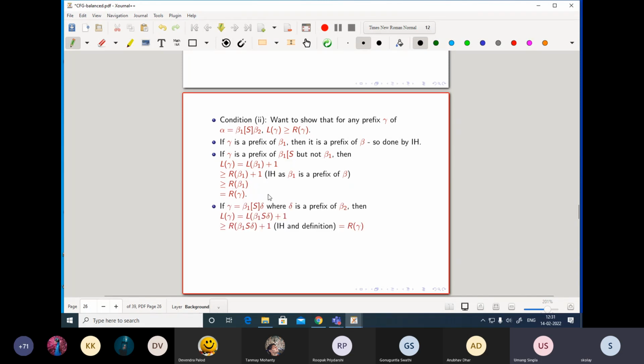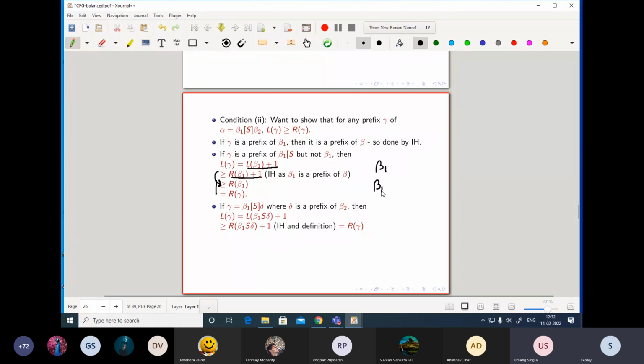Ma'am, can you explain the last two steps, from R of beta 1 to R gamma? Okay. So over here we applied L of beta 1 is greater than or equal to R of beta 1 by induction on beta and noticing that beta 1 is a prefix of beta. Then L of beta 1 plus 1 is greater than or equal to R of beta 1 plus 1, and this step is just R of beta 1 plus 1 is greater than or equal to R of beta 1. But now look at beta 1 and look at gamma.